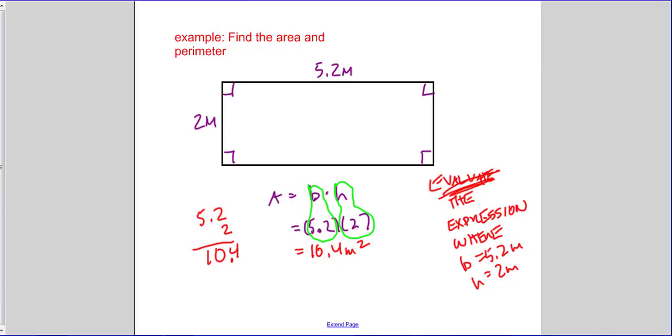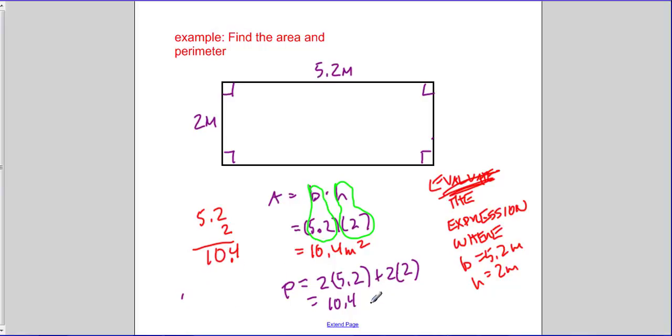Then the perimeter is just going to be 2 times 5.2, because I have two 5.2s as I walk around, because perimeter is the distance around the figure, plus 2 times 2. Well, 5.2 times 2 is 10.4. We already did that.